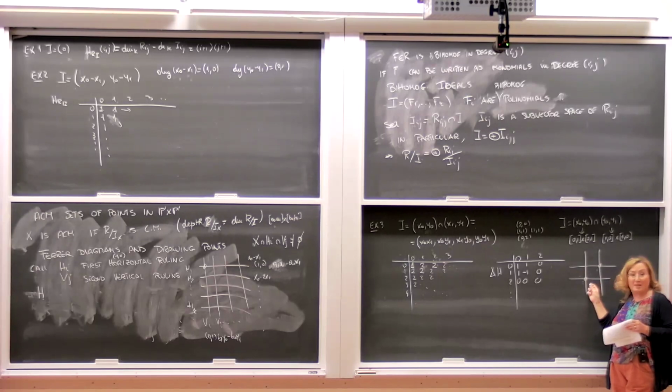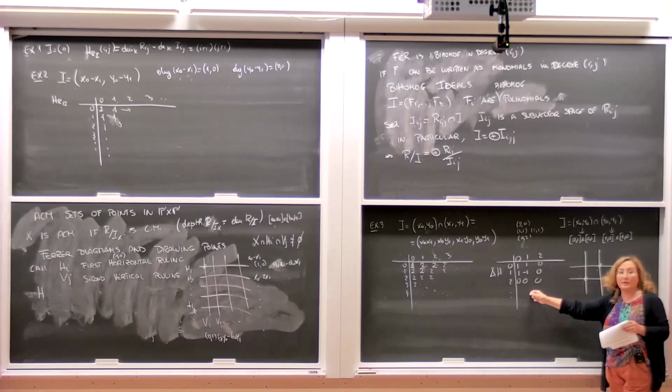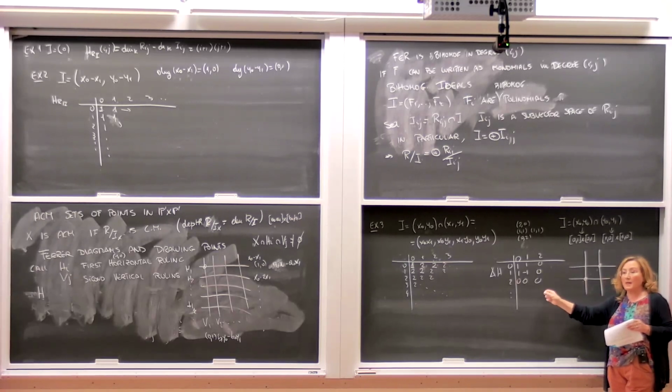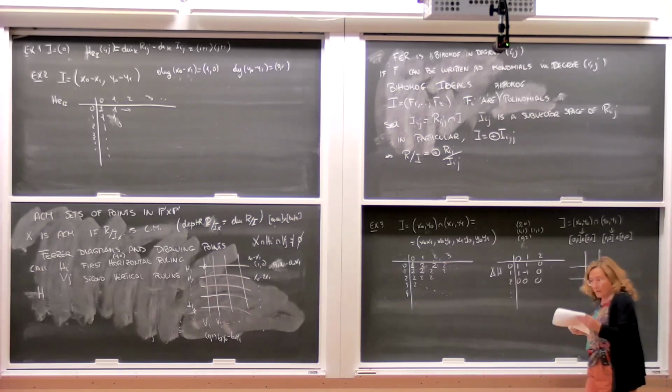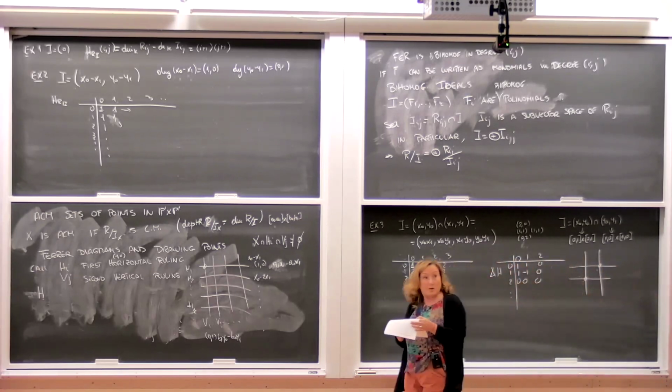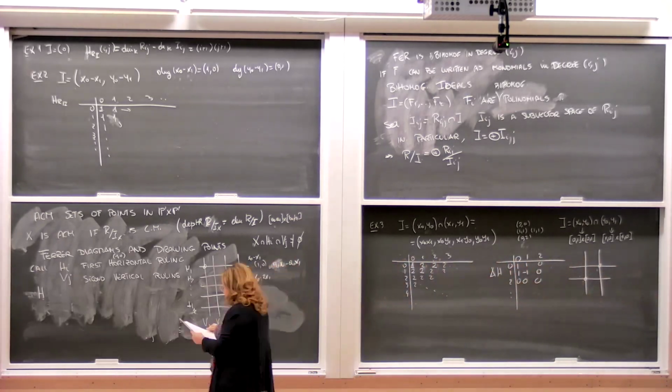And as you can see, this is the first easy example of a not arithmetically Cohen-Macaulay scheme. The depth is 1, so the length of the resolution is 2. But I don't have time to talk about the resolution.